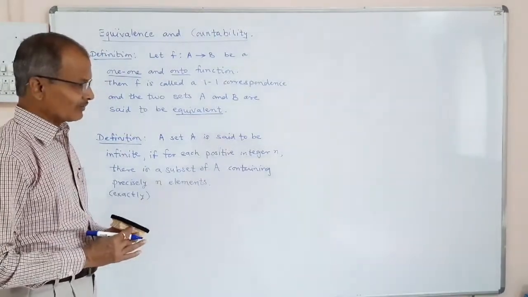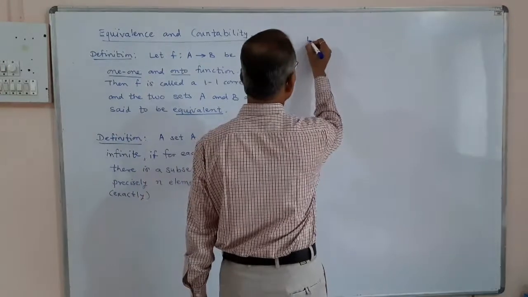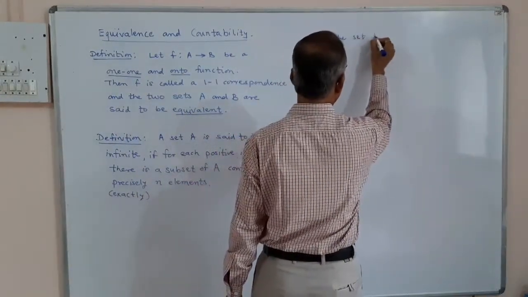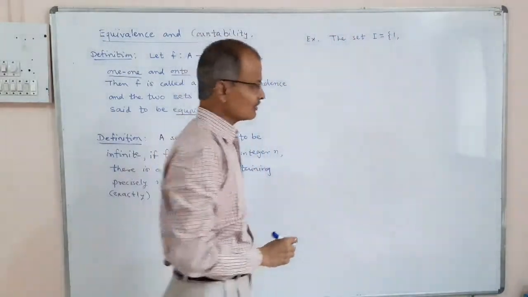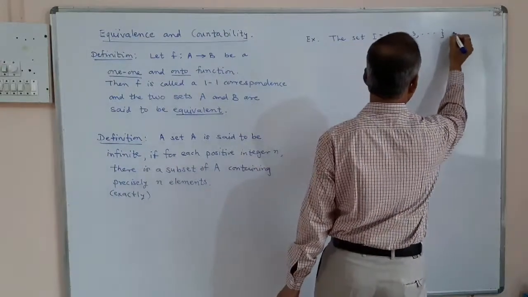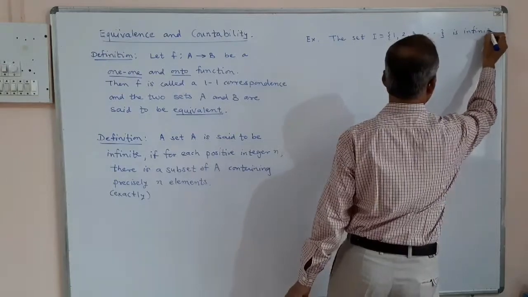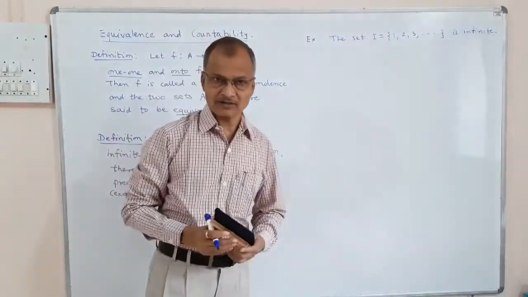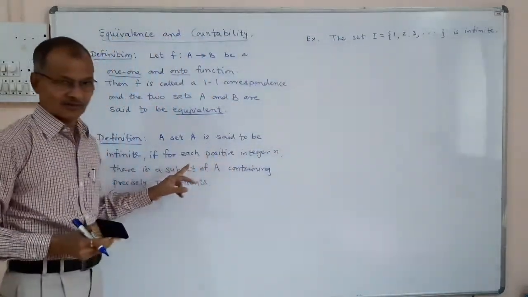Example, the set I of positive integers, 1, 2, 3, etc., is infinite. Here the notation used for positive integers is I. And we know the set of real numbers and the set of all integers are also infinite. So this set satisfies the condition in the definition.